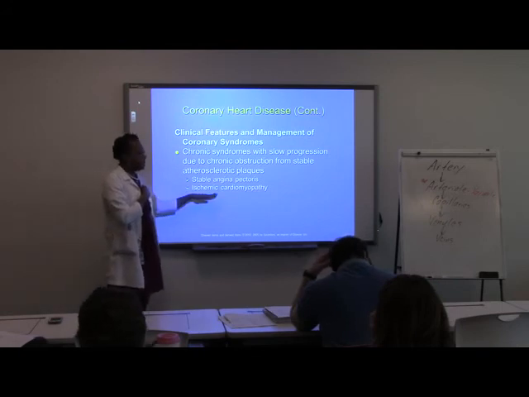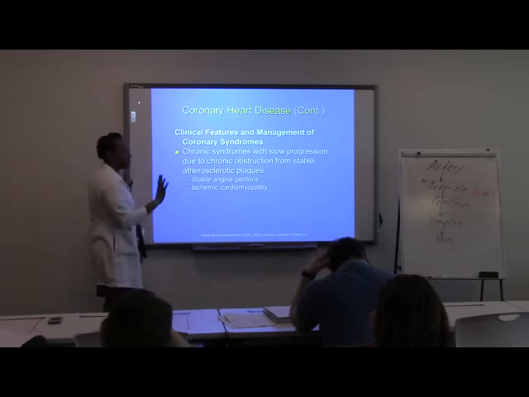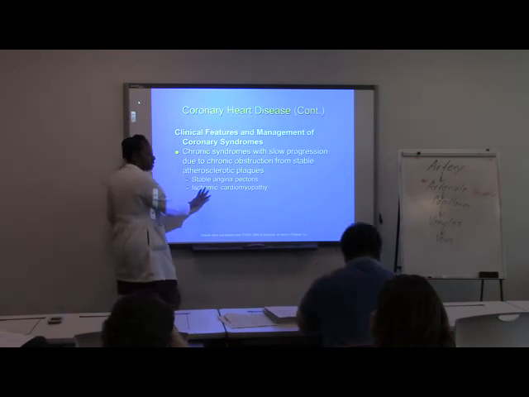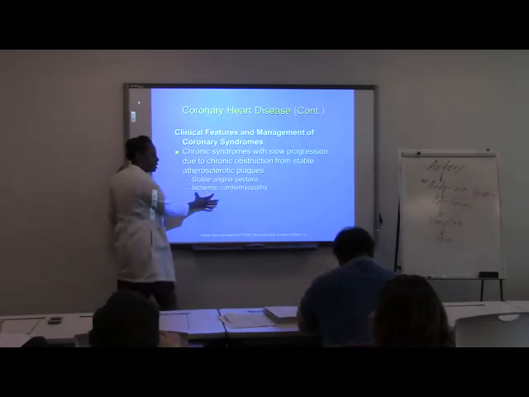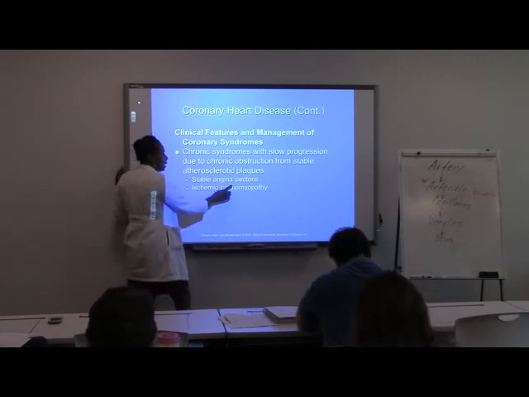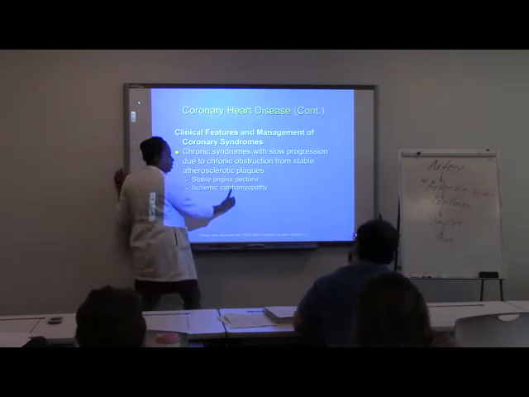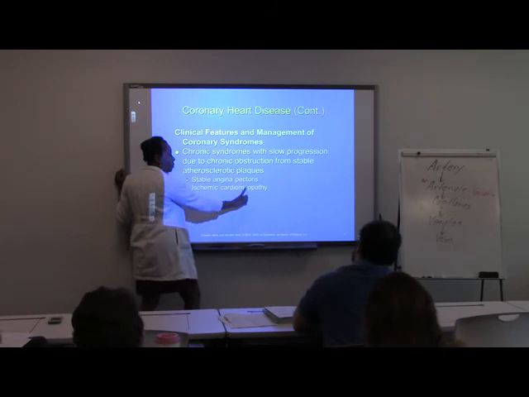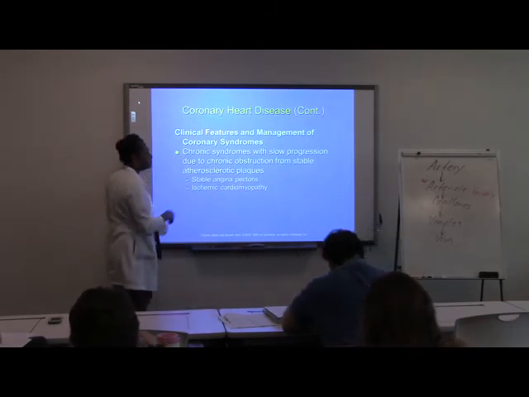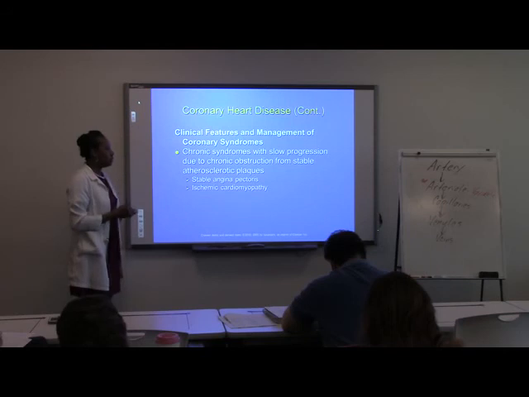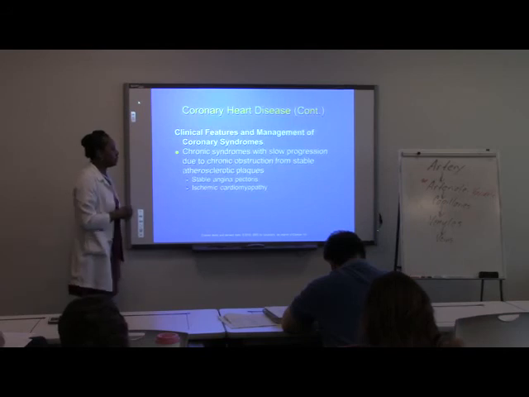Another thing that can occur is ischemic cardiomyopathy. Even though this word looks fancy, it's not. Ischemic means a lack of oxygenated blood, and myo means muscle. It's just a lack of oxygenated blood to the cardiac muscle.